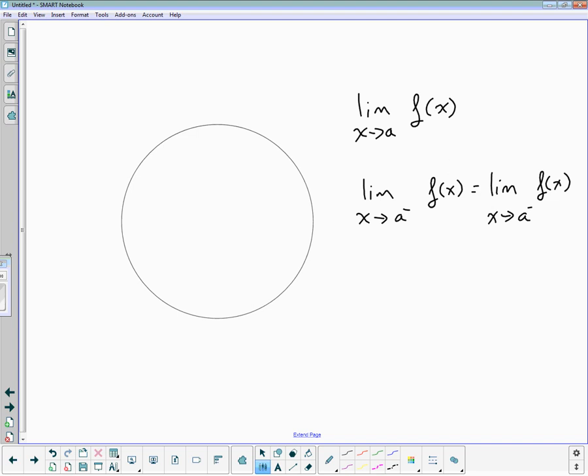And in fact, 1 to the infinity doesn't exist. It's not a mistake. So yes, 1 to the infinity is an indeterminate form.